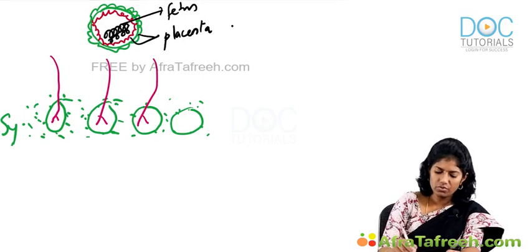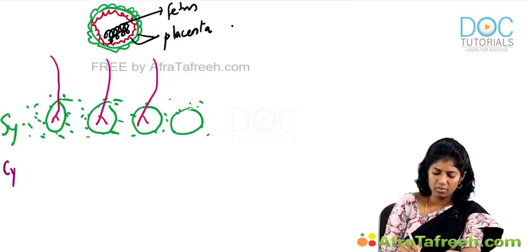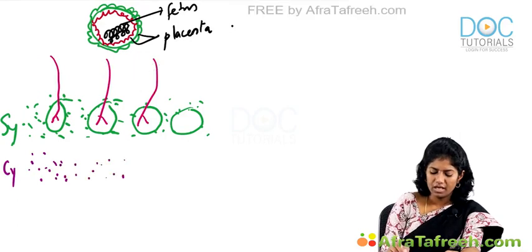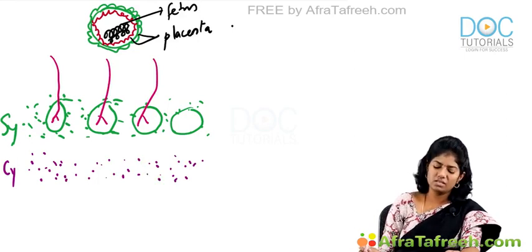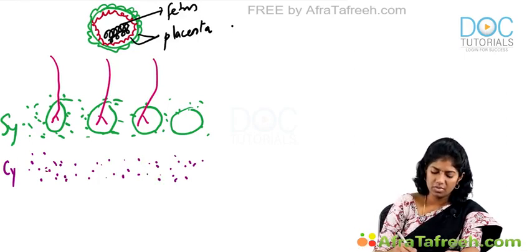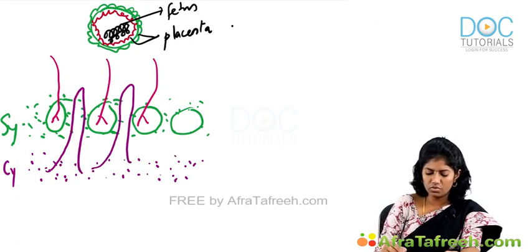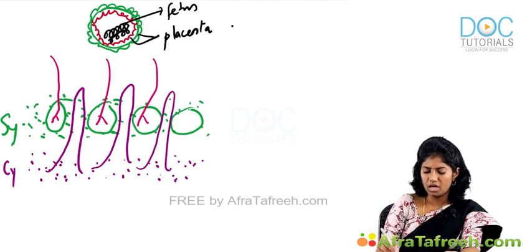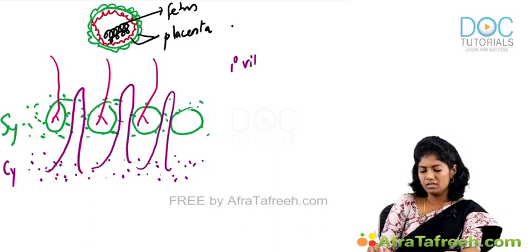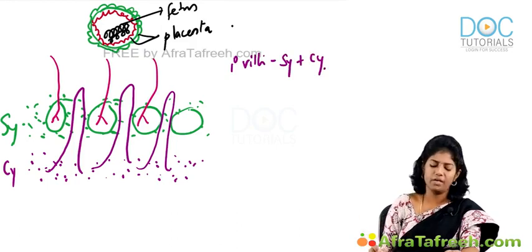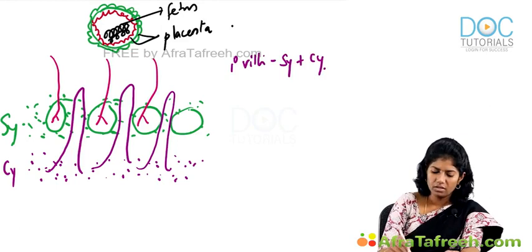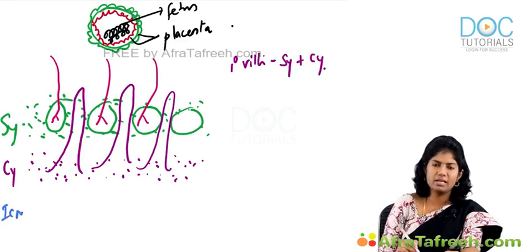Now, beneath the syncytial trophoblast, we have the cytotrophoblast. These cytotrophoblasts enter the syncytial trophoblast and give finger-like projections into it like this, and this is how a primary villus forms. A primary villus is syncytial plus cytotrophoblast. Beneath the cytotrophoblast, you have the inner cell mass.